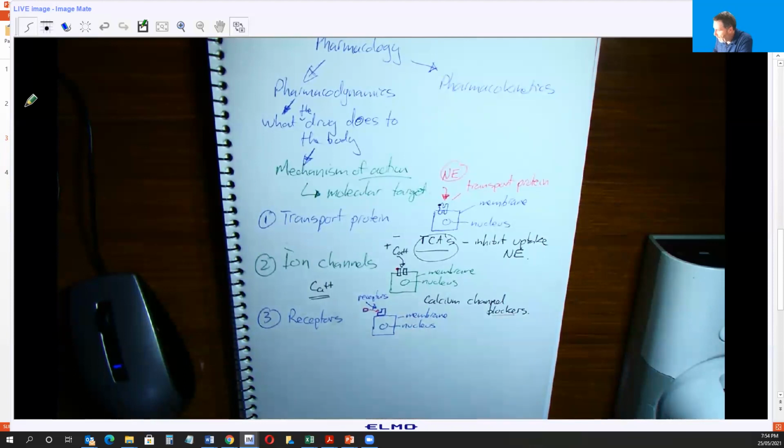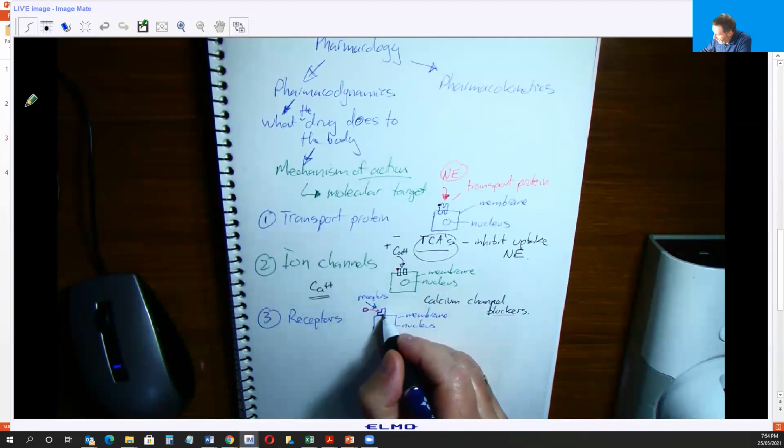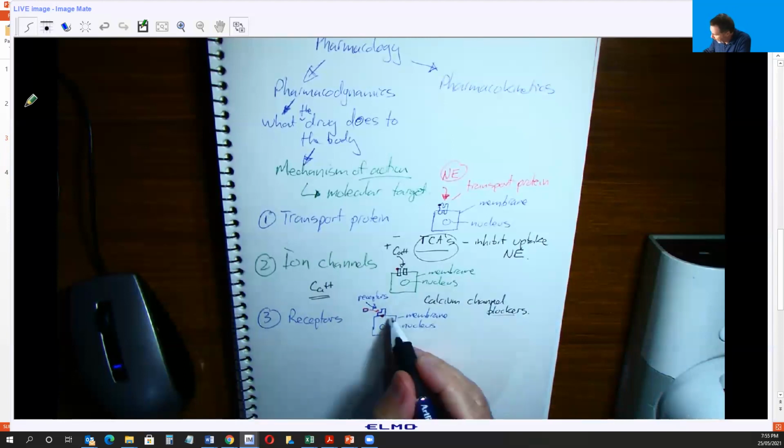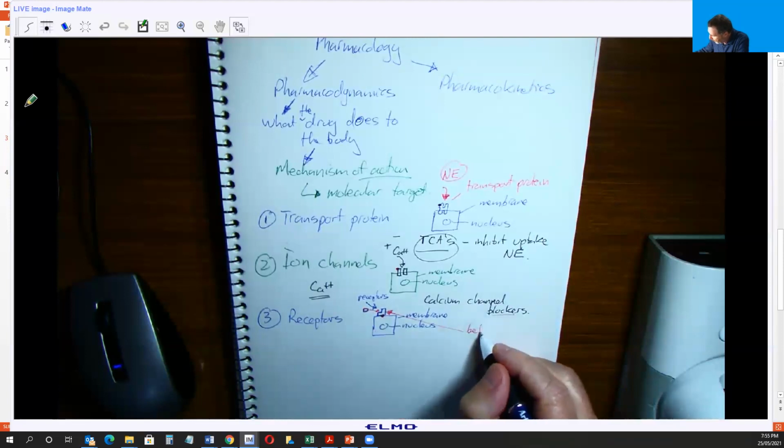and bind to this receptor. So how do receptors work? Often they are, for example, G-coupled receptors, and they enable a particular substance to bind to the receptor and change the function of the cell intracellularly. Let me think of an example. We can think of a particular type of receptor up here that could be known as a beta receptor.